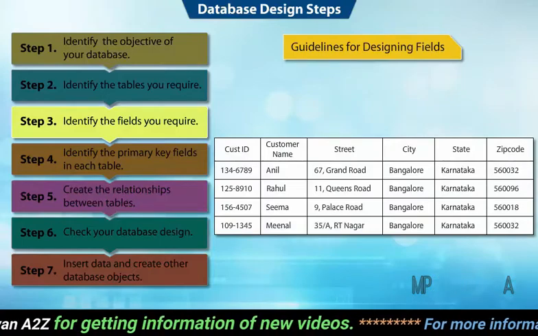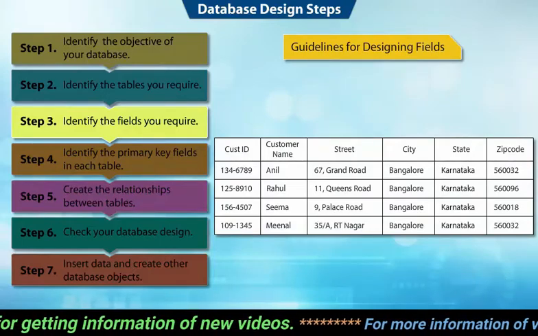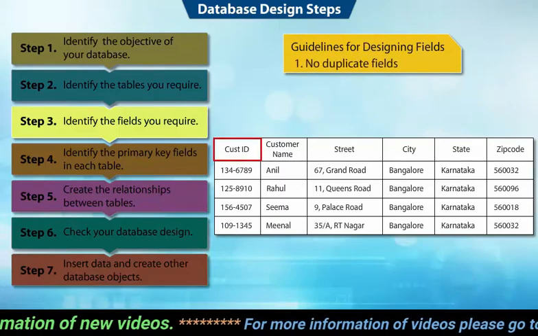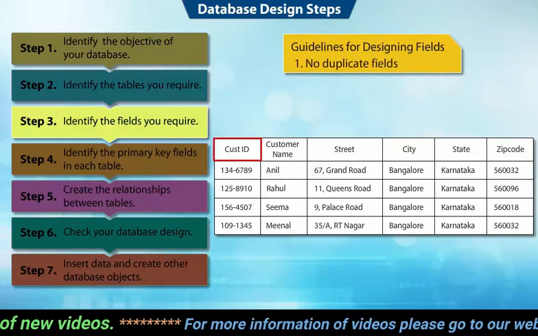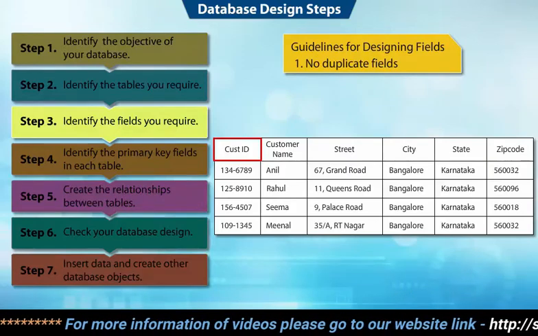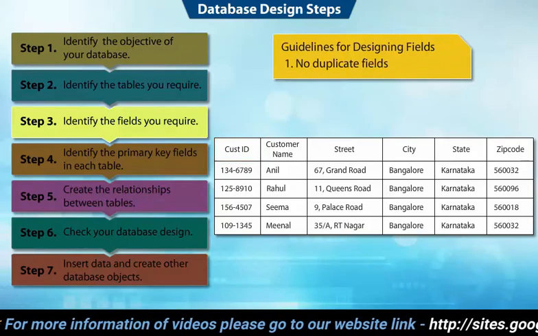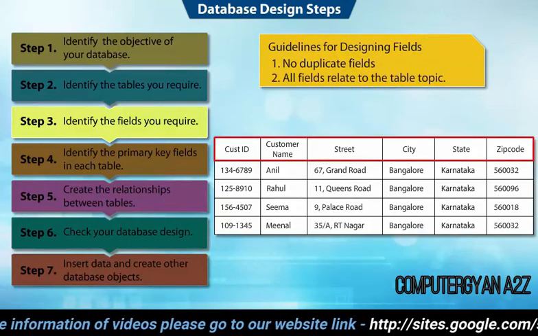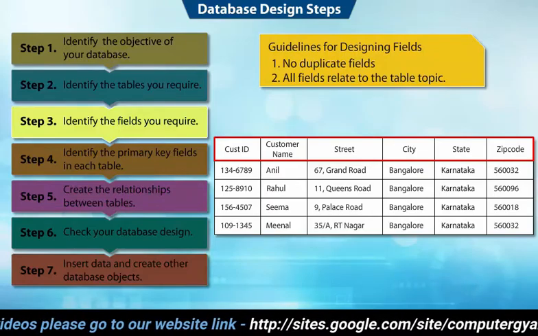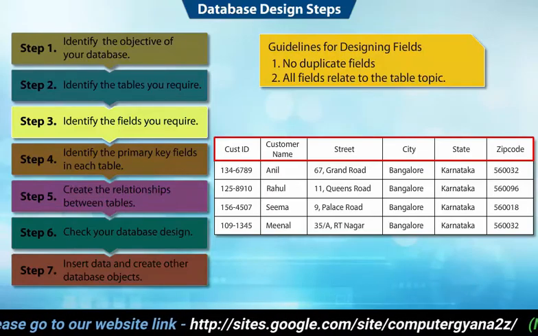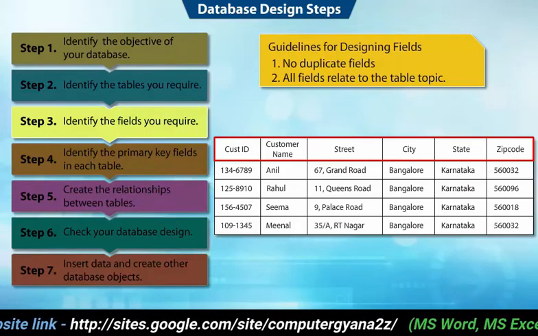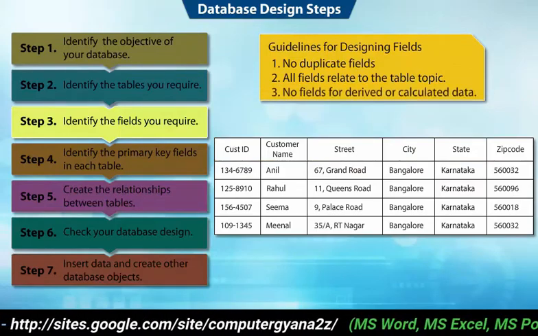Here are 4 guidelines to keep in mind when designing fields for your tables. 1. There should be no duplicate field values across tables. For example, no 2 customers can have the same customer ID. 2. Each field should relate to what the table is about. For example, in a customer information table, all the fields should only contain information about the customer. 3.